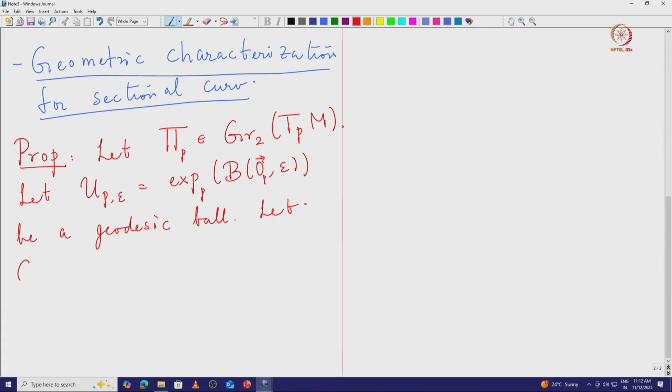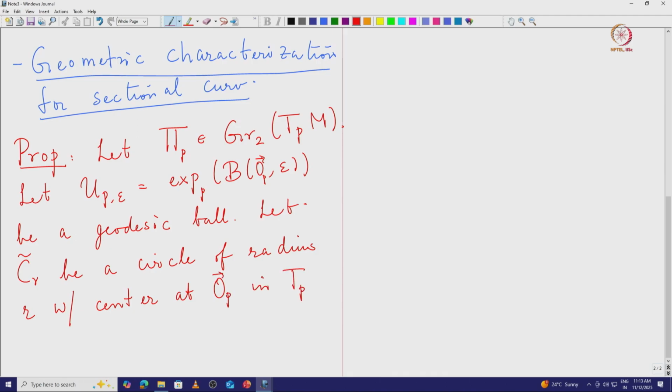Let Cr tilde be a circle of radius r with center at the origin in the tangent space, such that r is smaller than this epsilon, and let Cr be the image under the exponential map of Cr tilde, okay.